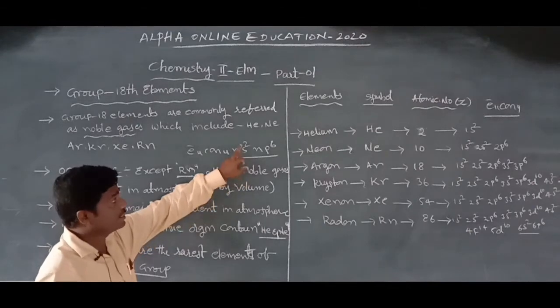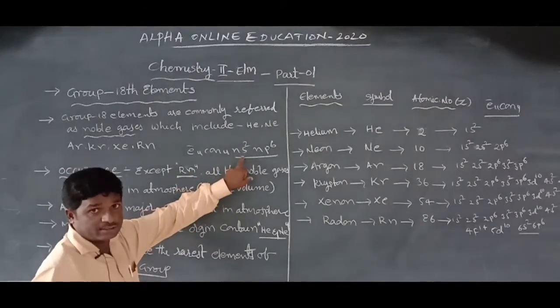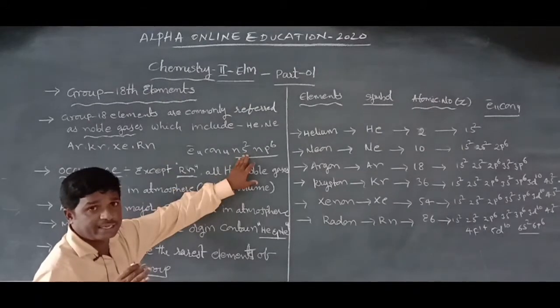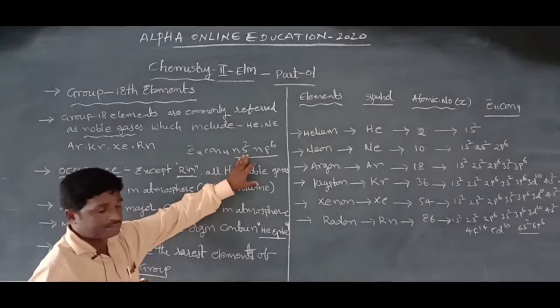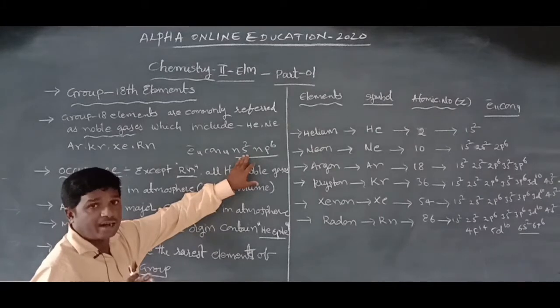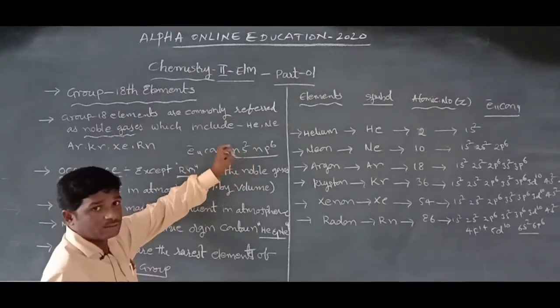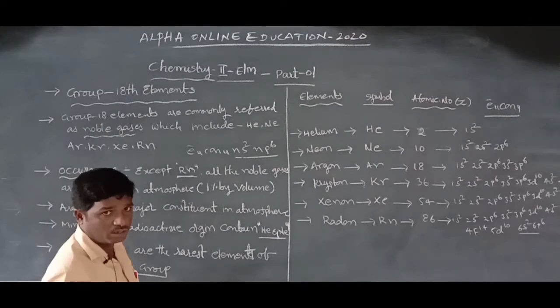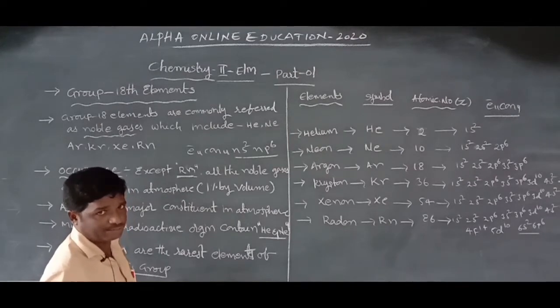So they are called noble gases because the outermost shell is completely filled with electrons, following the octet rule, since the outermost shell consists of full pairs of electrons. It is also called the octet rule or stable electron configuration.